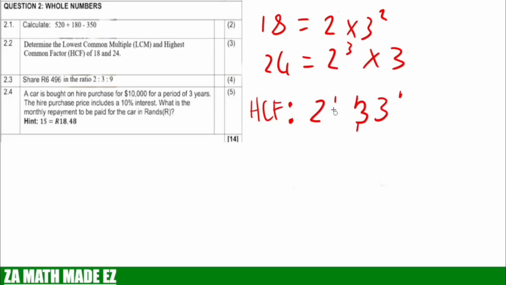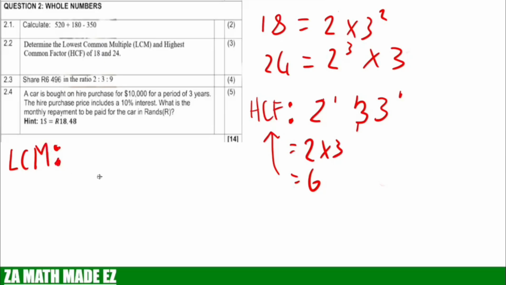And then you multiply the 2 by the 3, which is equal to 6. So 6 is your highest common factor.